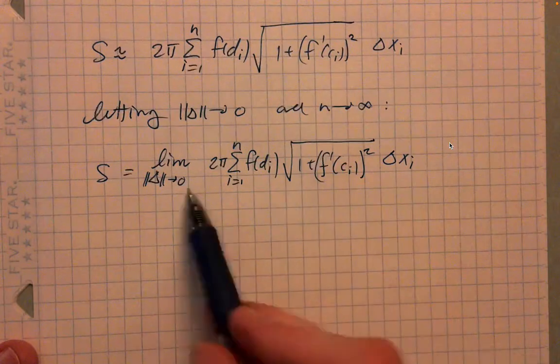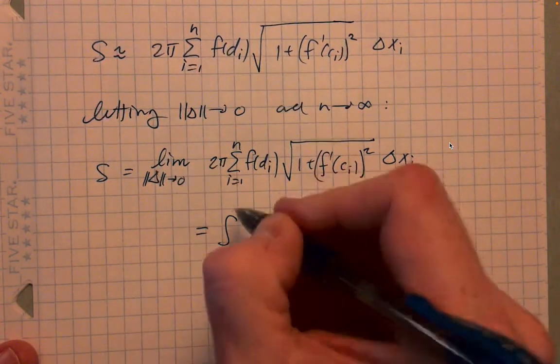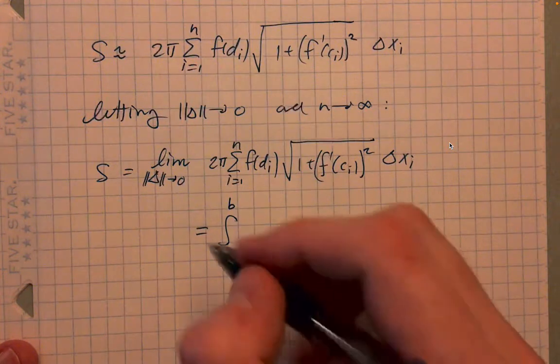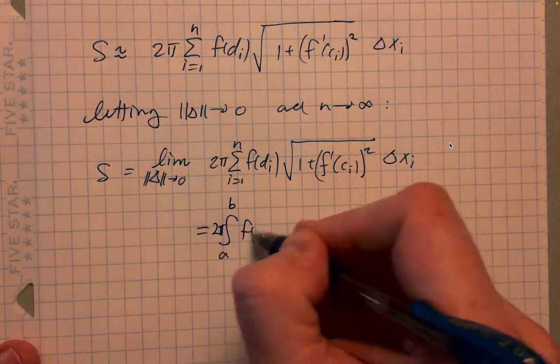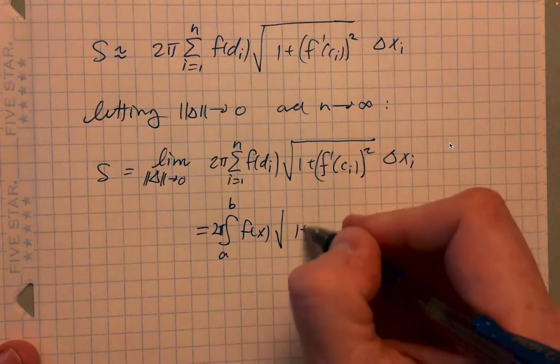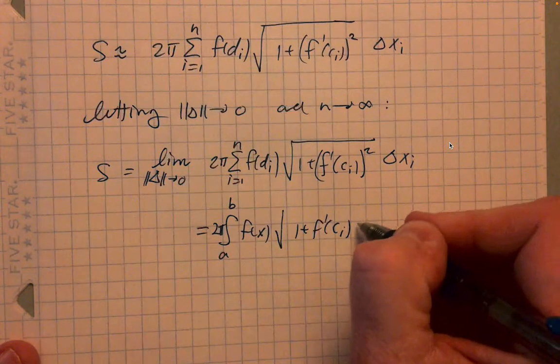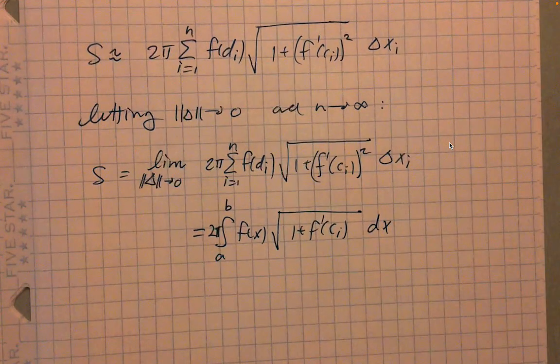It becomes just that thing with the limit notation on the front, and it becomes 2 pi times the integral from a to b of f of x times the square root of 1 plus f prime of x squared. So there we go.